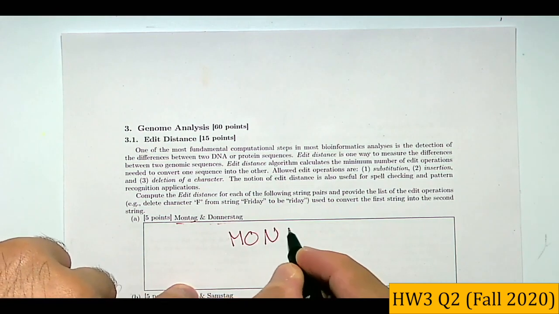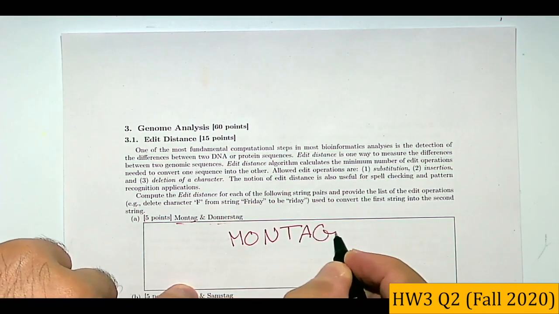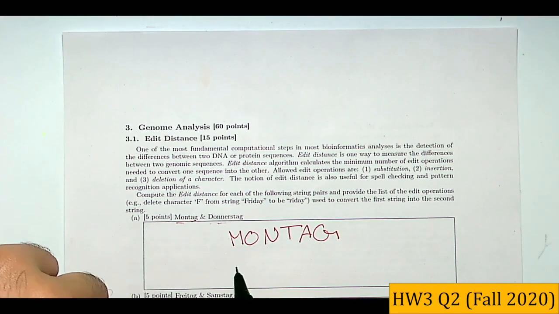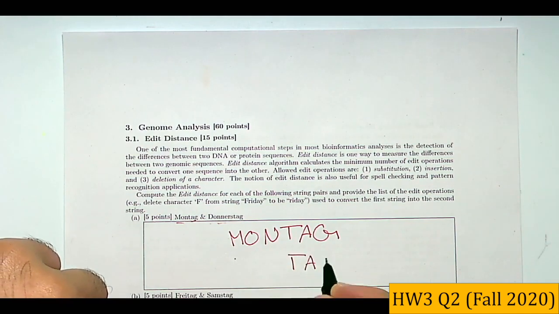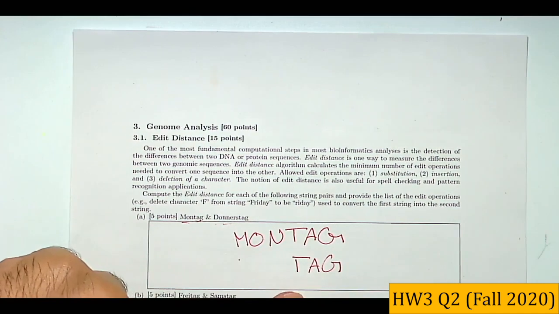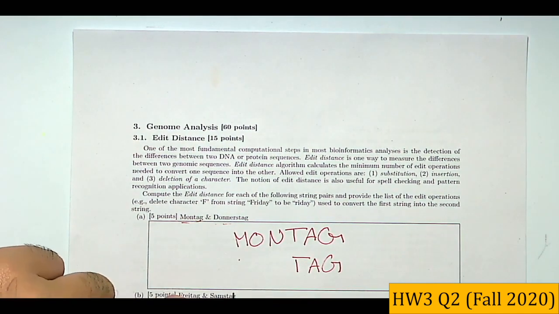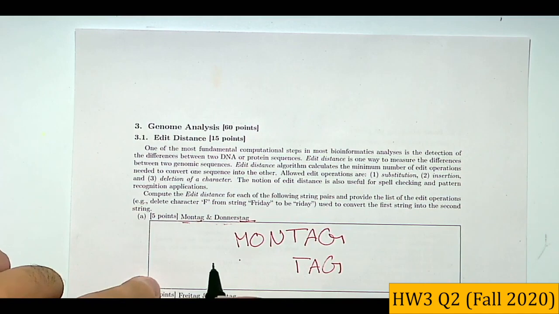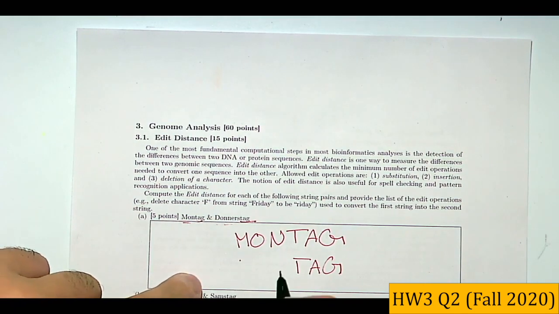You have one tag, and on a stack. Is that correct? Okay. So apparently, the tag part is common between the two sequences, so that gives you 3 matches. And you have another seven characters that don't exactly match.